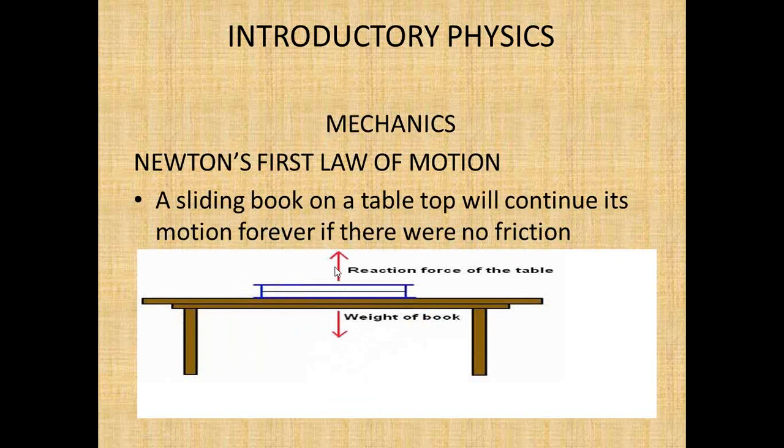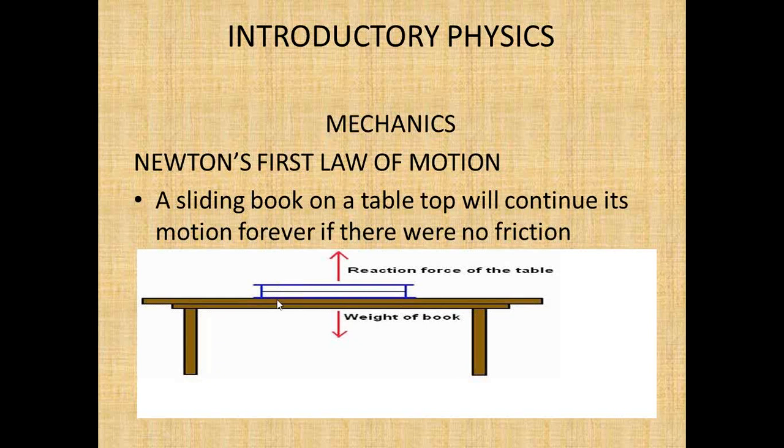That is the weight, or the force that gravity is pulling downward on the book. Again, force is equal to the mass of the book times the acceleration, and the acceleration is the acceleration of gravity.